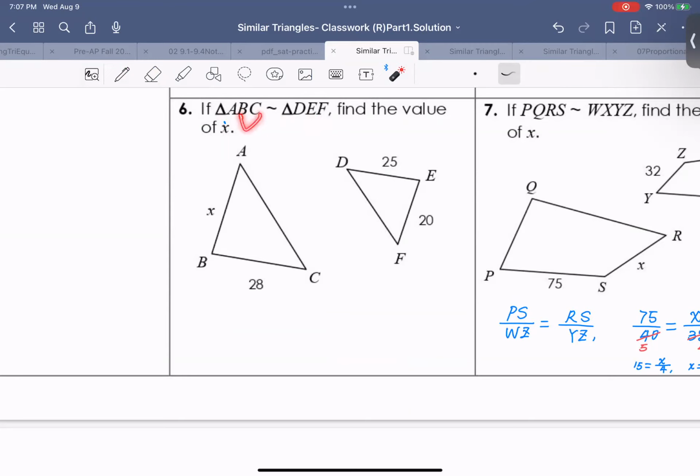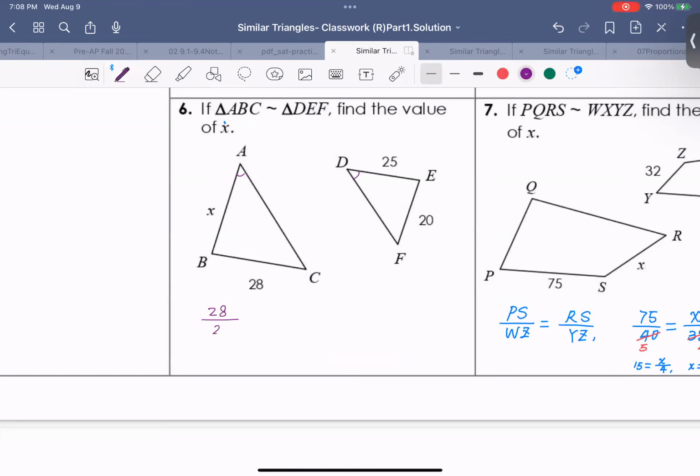Look at here. A corresponds to D, so you should keep in mind A and D are the same. This guy's opposite is 28. This guy's opposite is 20. Make sense?